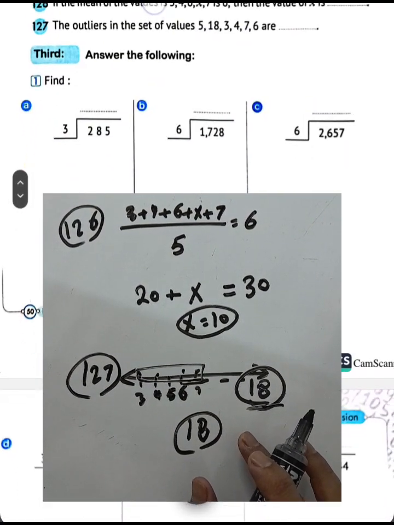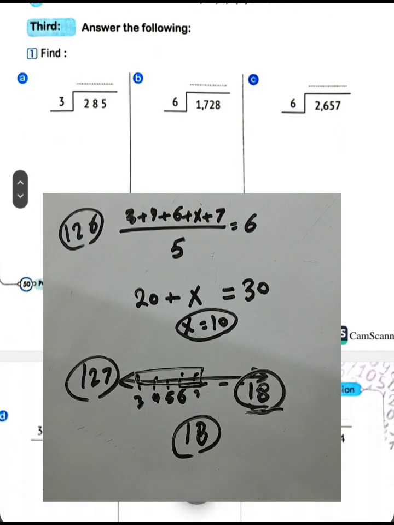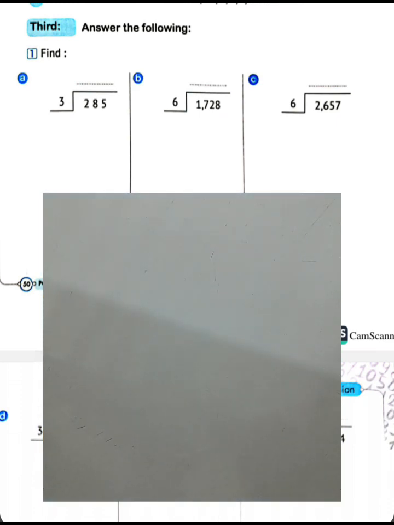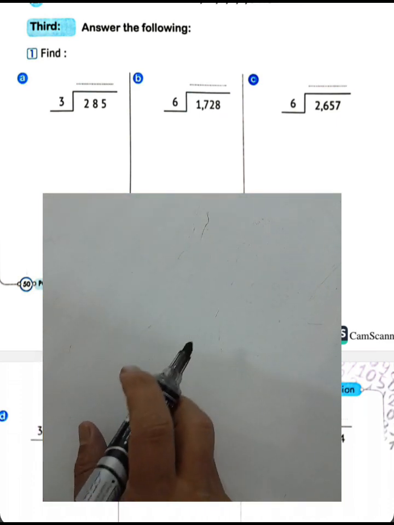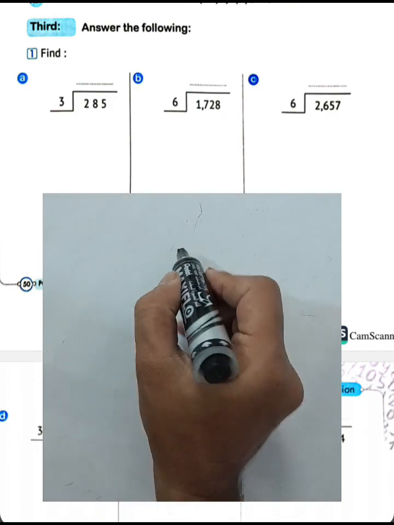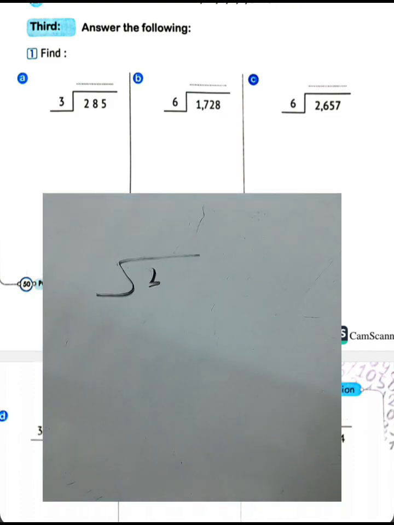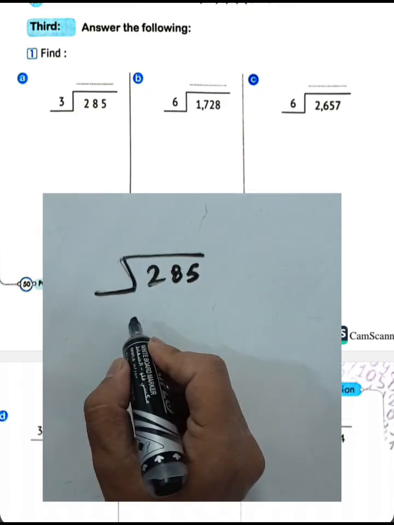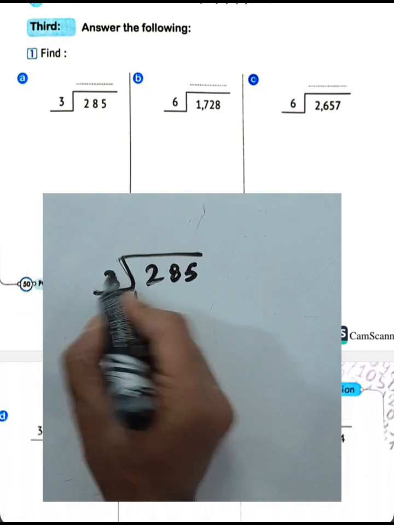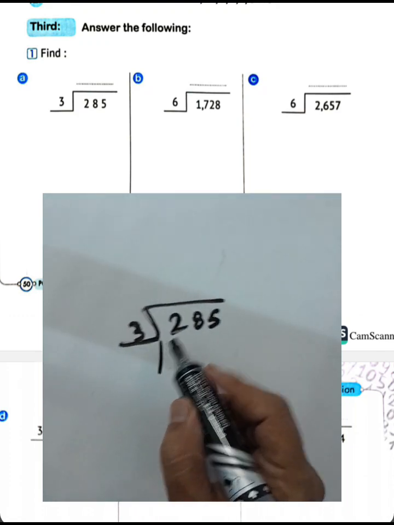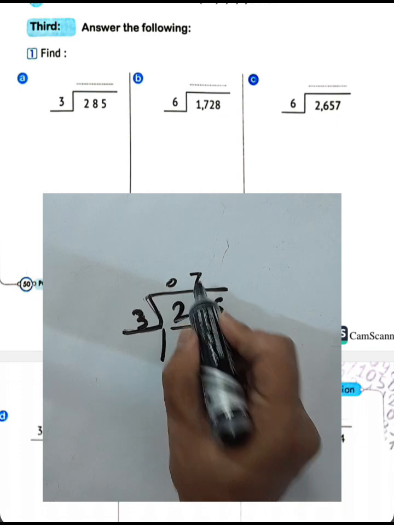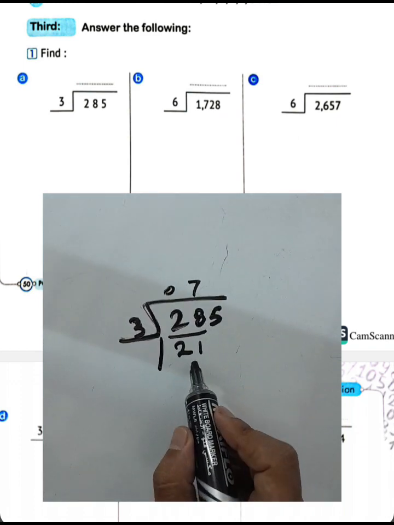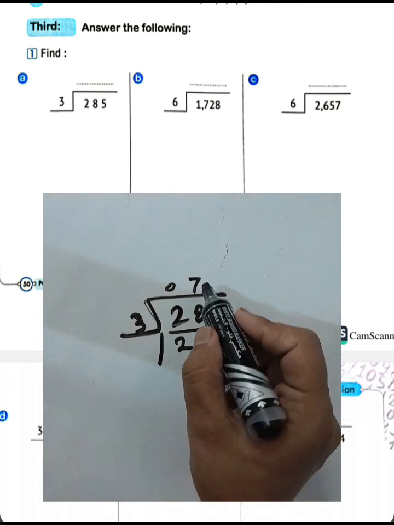Third, answer the following. I want to find the quotient using long division. Number 1, 285 divided by 3. 2 divided by 3, we can't do it, so we use 0. 28 divided by 3 equals 9, since 3 times 9 equals 27. 3 times 7 equals 21, but 3 times 8 equals 24, and 3 times 9 equals 27.